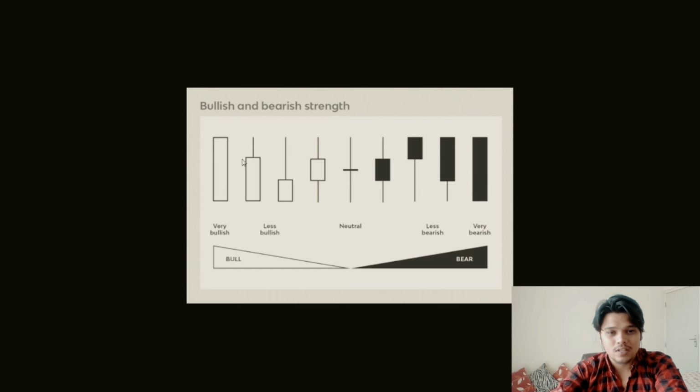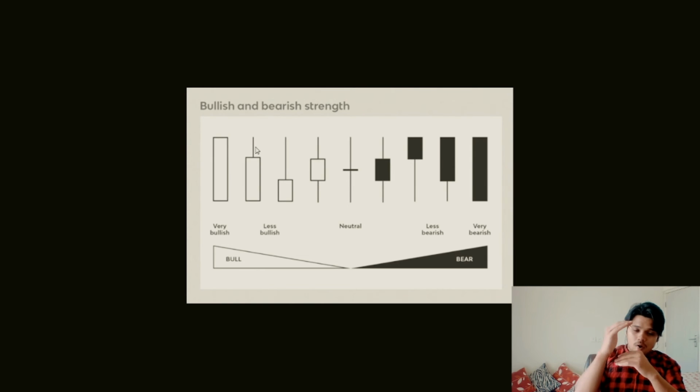If you can see a wick, that is less bullish, and this one with wicks at both ends is also less bullish. As you can see, some have no wick, and some have wicks with the body. As the wick grows longer than the body, the bull or bear strength becomes less.